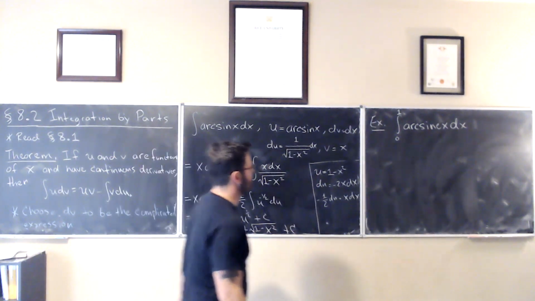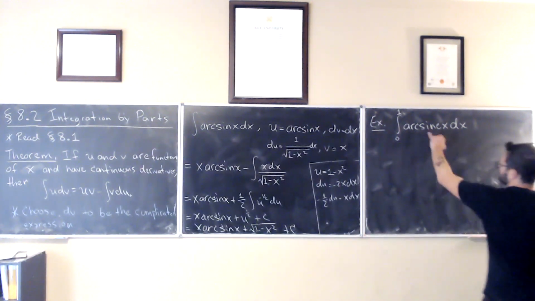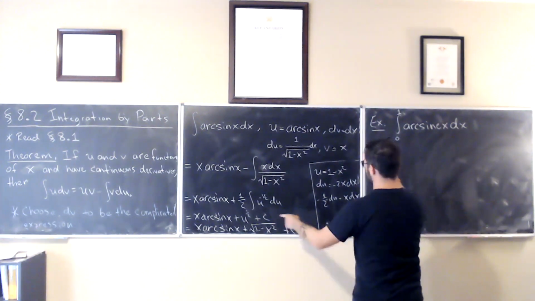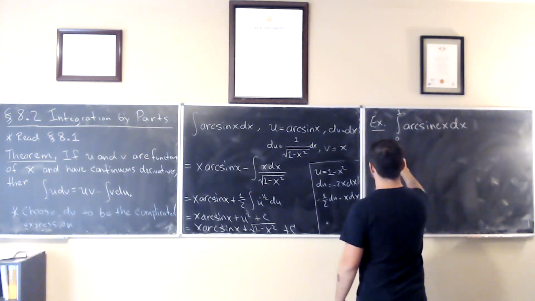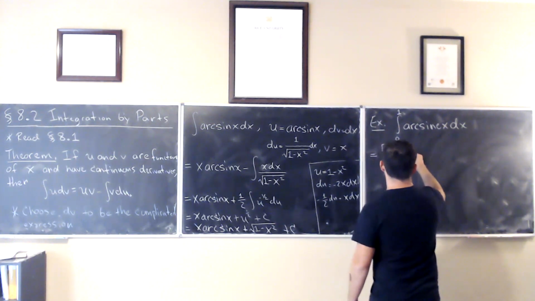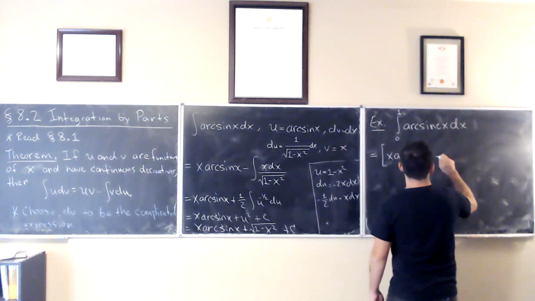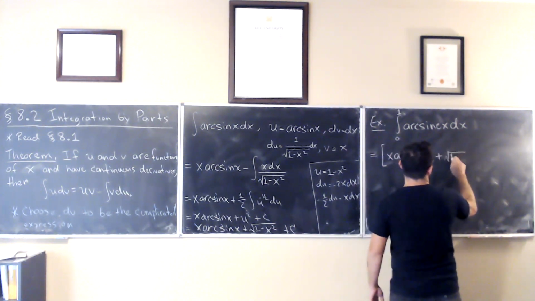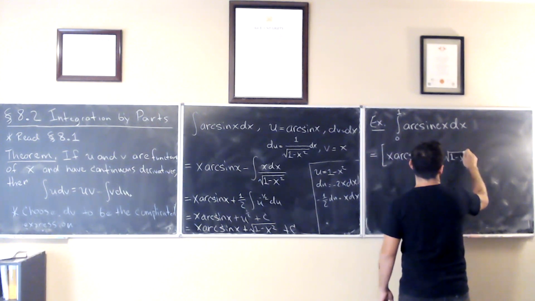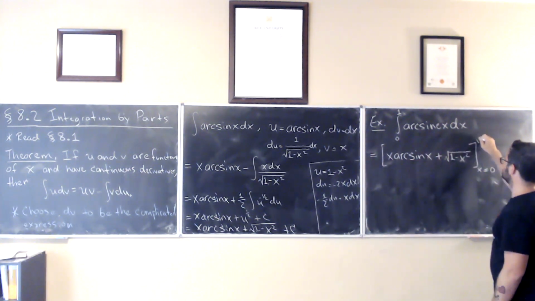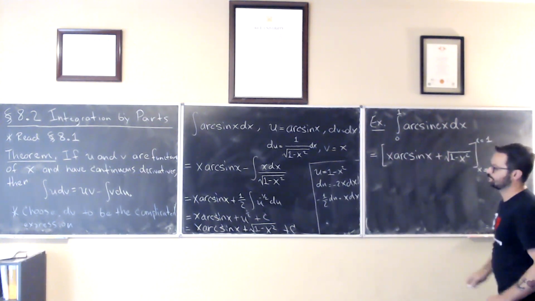So that's my antiderivative, but we're looking at the definite integral in this problem. So we just use that information. So x arc sine x plus root 1 minus x squared from x equals 0 to x equals 1.